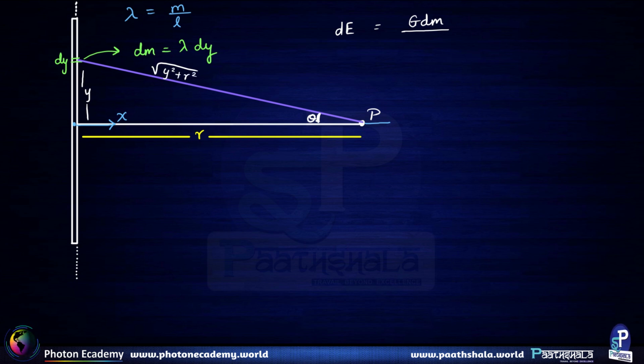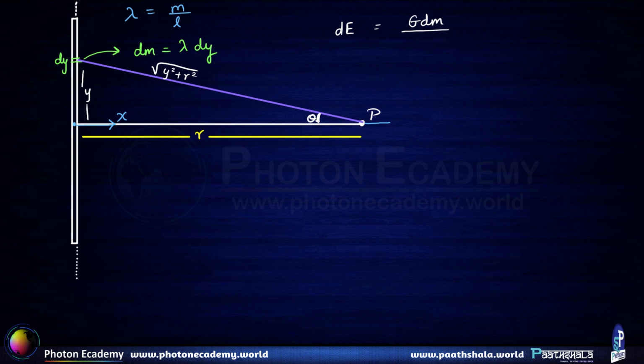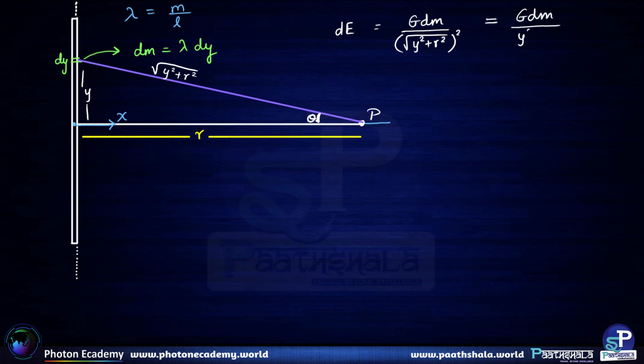So this is going to be G dm upon under root of y square plus r square, the whole square. So this is going to be equal to G dm upon y square plus r square.